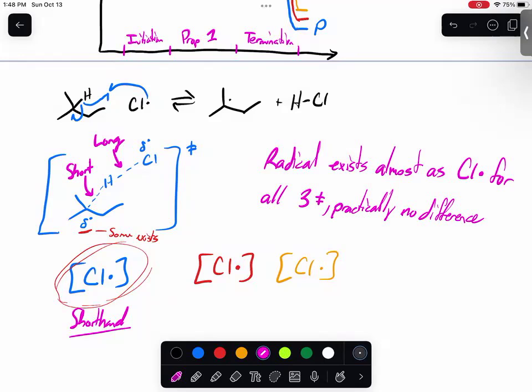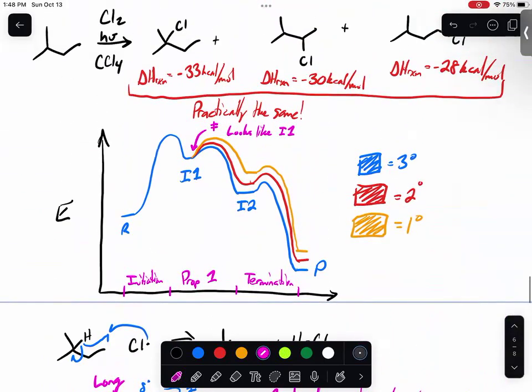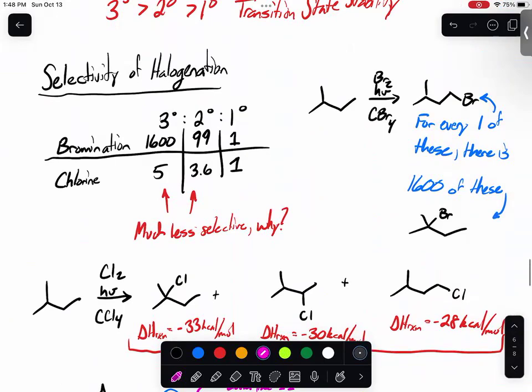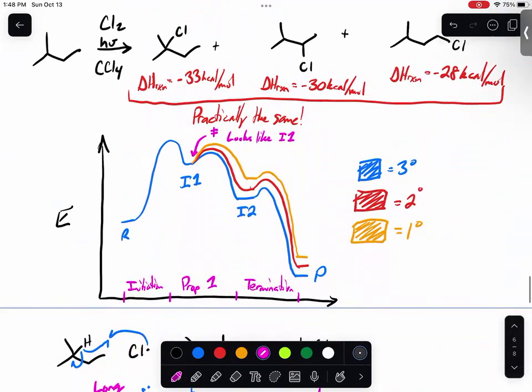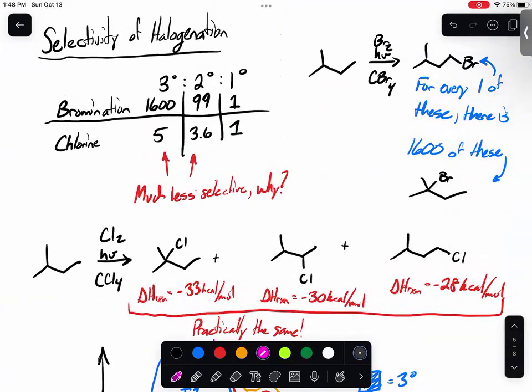And so that is what leads us to the fact that chlorine is very not selective, right? Because even though the tertiary position is technically kinetically favored, it is technically thermodynamically favored. It's not by very much, and so it ends up being about a 5 to 1 in comparison to the primary position. Okay?